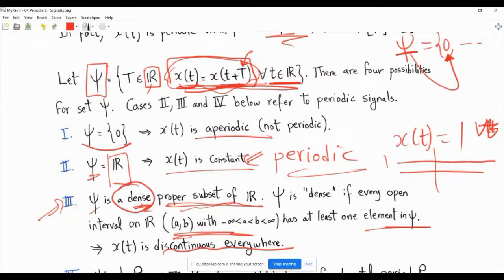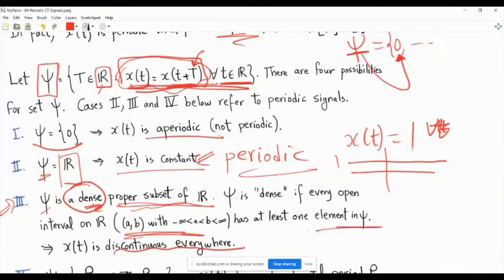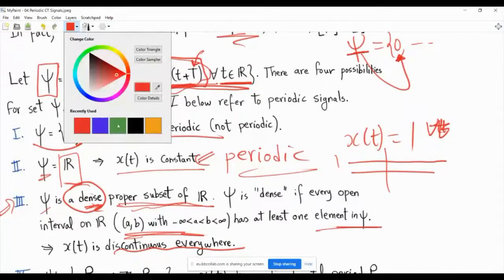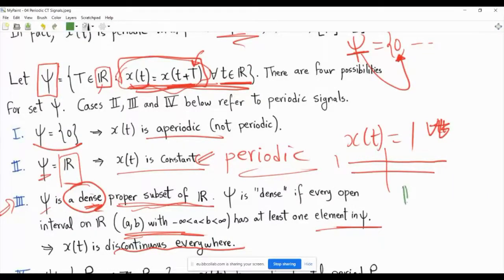What is an example of a signal that looks like this? Of course, this is periodic. Those guys are periodic. The only aperiodic case is the first case. The signal is the indicator of t in Q.